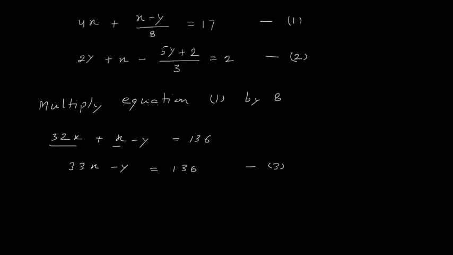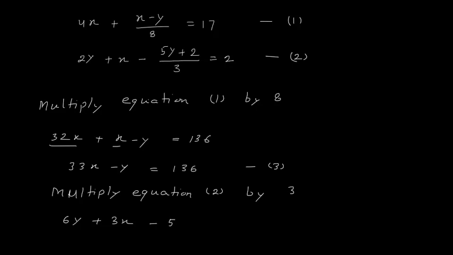Similarly, I will multiply equation 2 by 3. Multiply equation 2 by 3. So 2y, when it is multiplied by 3, will become 6y, plus x will become 3x, minus, here it is minus, so I will change sign of both the terms.